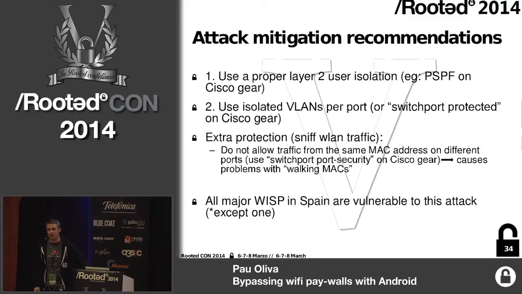All major WISPs in Spain, where I tested these issues, are vulnerable to this attack, but only where the equipment belongs to them. For instance, in airports, the AENA electronics network is not well set up, and you can jump it.